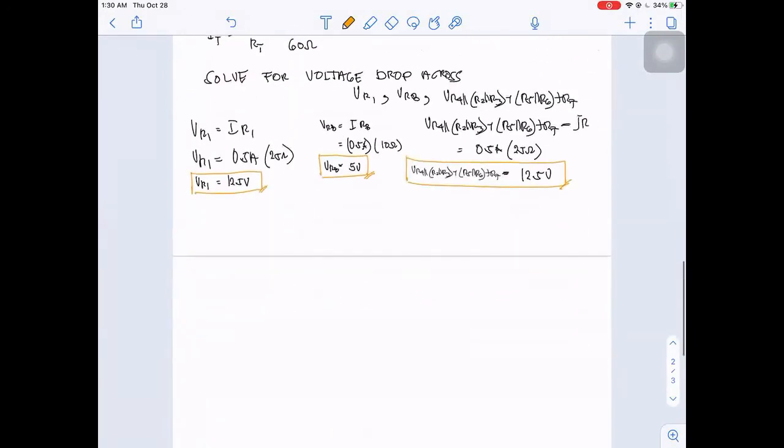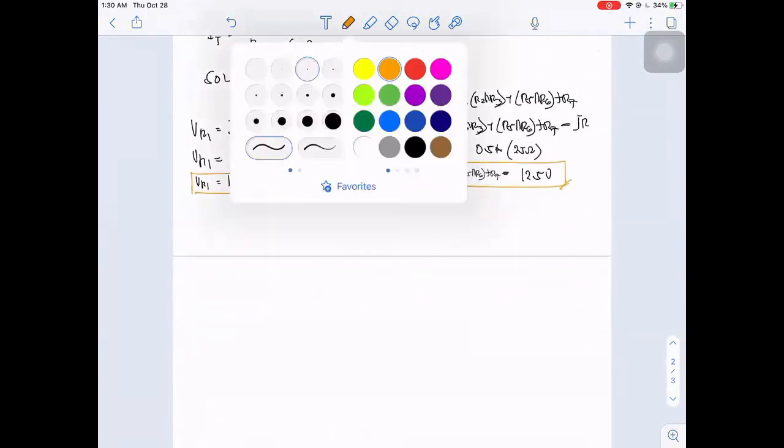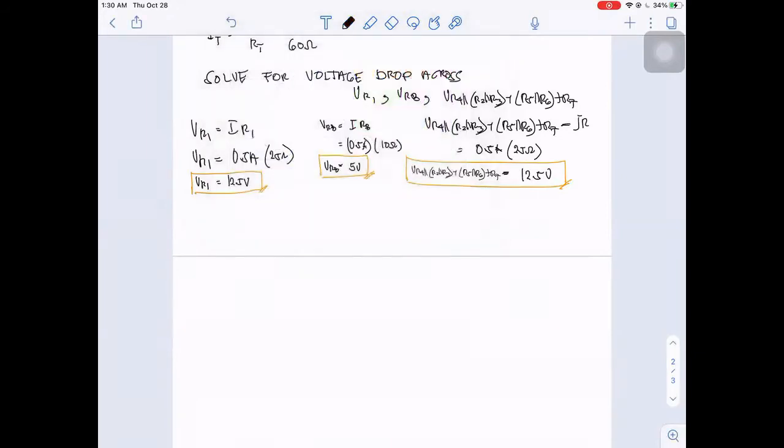According to Kirchhoff's voltage law, or KVL, the summation of all voltages is equivalent to 0.